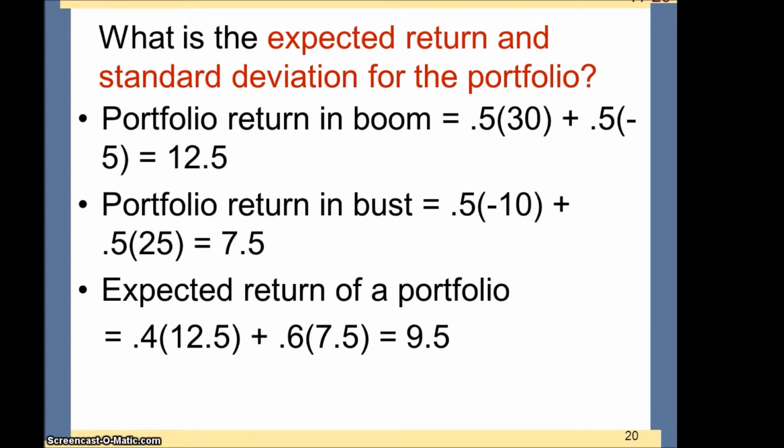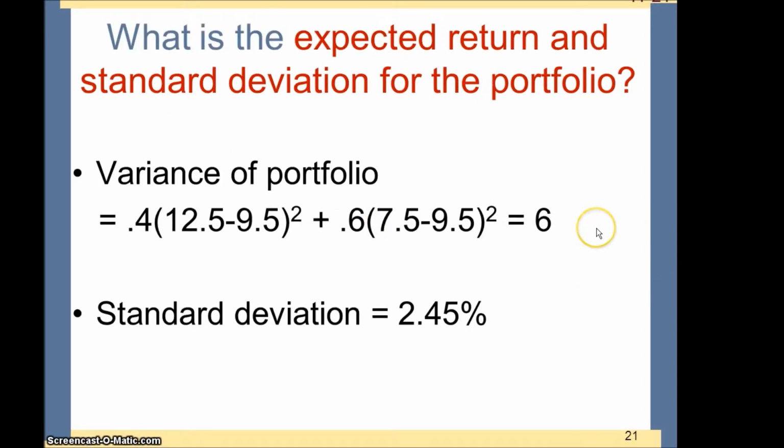Now, what about the standard deviation for the portfolio? Okay, variance for the portfolio. So we must have the probability times the portfolio return minus the expected return, squared. Let's take a look.